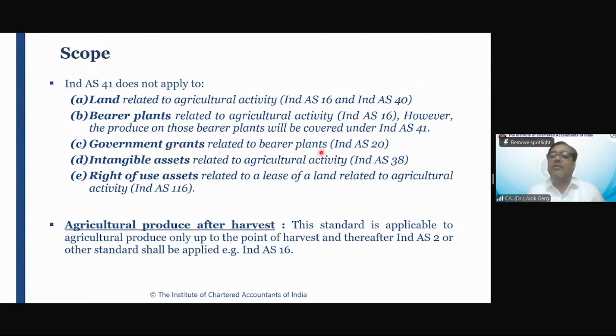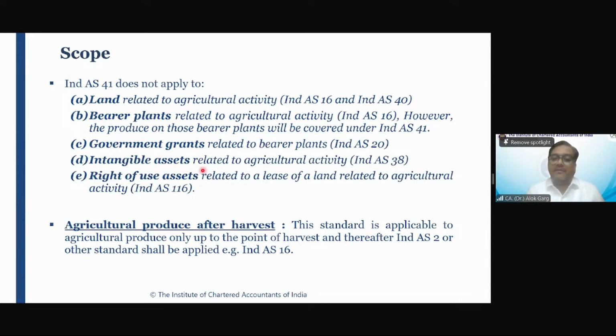Government grants related to bearer plants: since bearer plants are not covered under Ind AS 41, if the government has given a grant relating to a tea tree or coffee tree, that grant is also not covered under Ind AS 41. It will be covered under Ind AS 20, right?